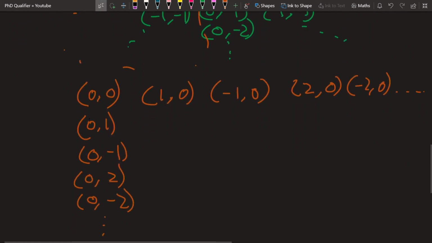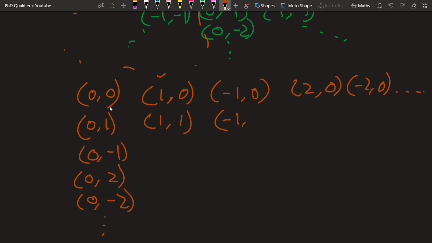So I also write these here. Here the vertical axis coordinate is 1, and I will just write whatever horizontal coordinates I come across.